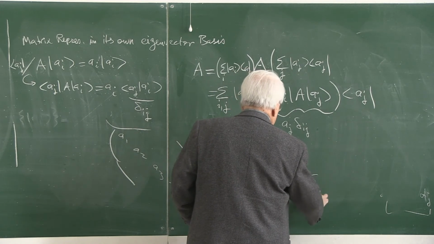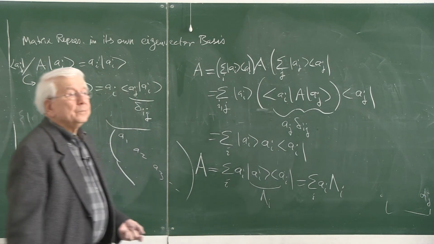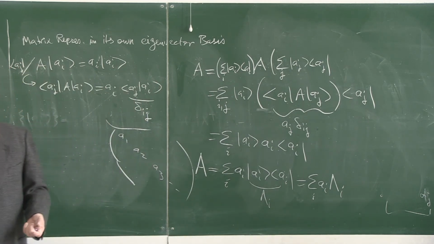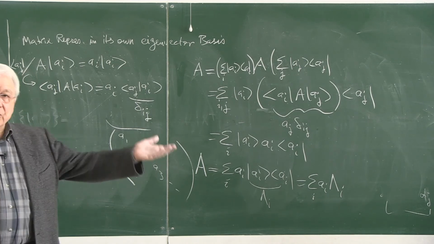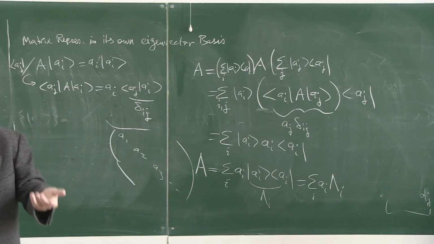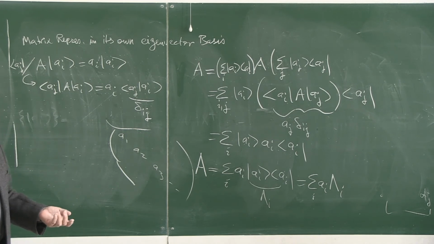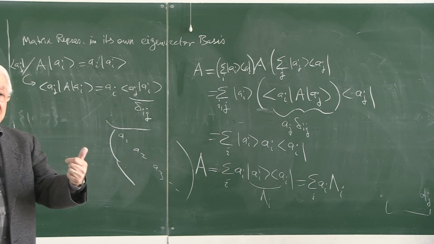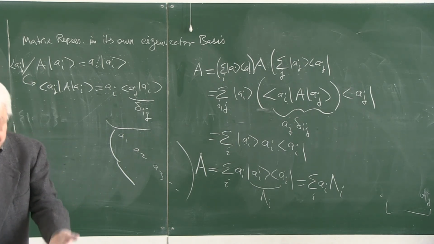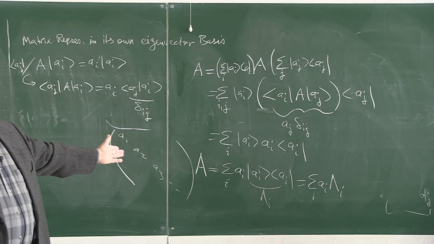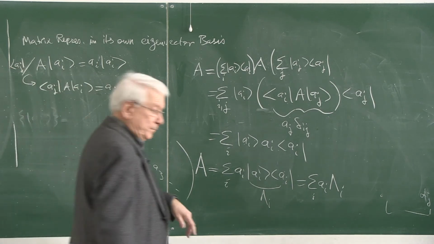Therefore, this is now the sum over I of a_I lambda_I. So when you have any operator, if you know the eigenvalues, in principle, if you know the spectrum, that is the eigenvectors, you can form the projectors out of the eigenvectors, and you represent the operator itself directly in terms of the projectors. That's a very powerful theorem.